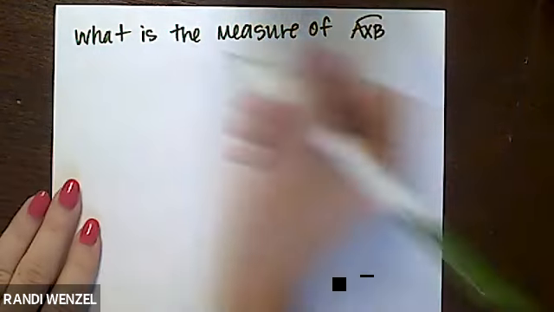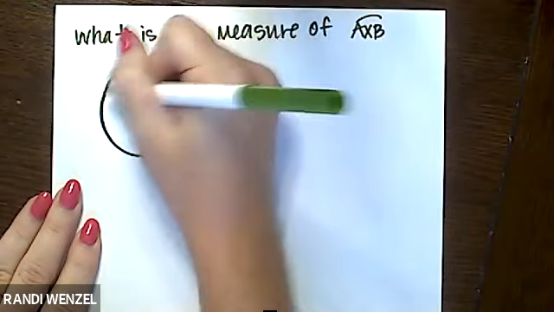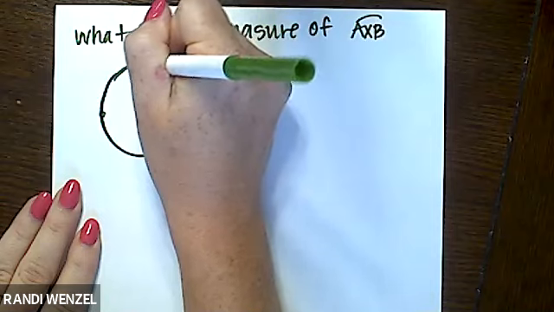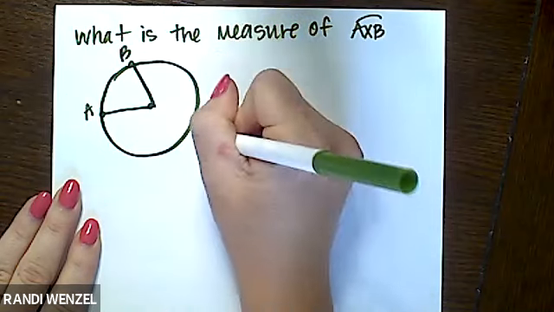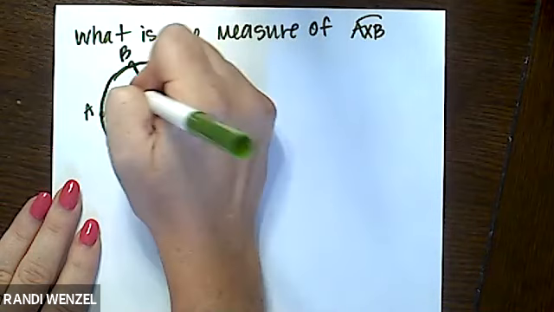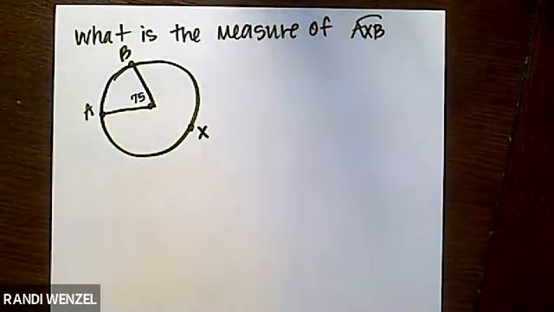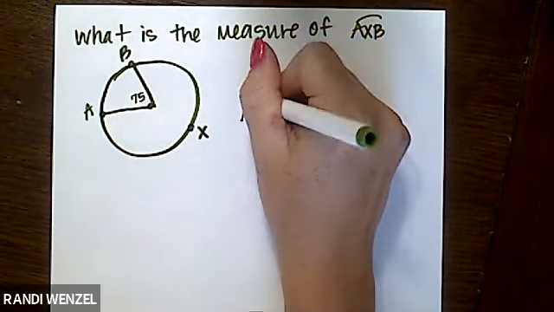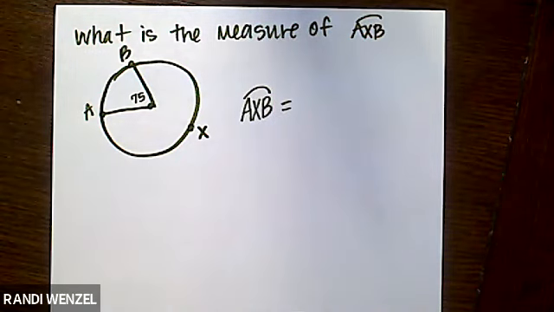So let me draw that diagram. Okay, so find AXB. And if you want to pause for a minute, draw that, try it, and then push play to check your work. I'll go over that.